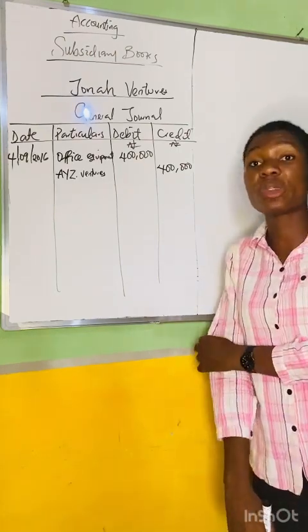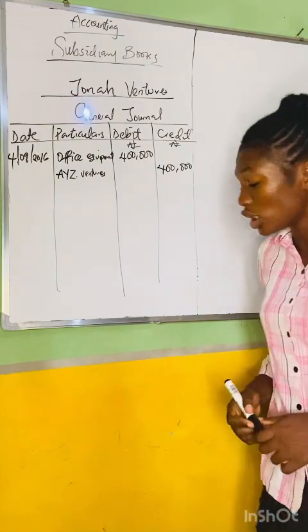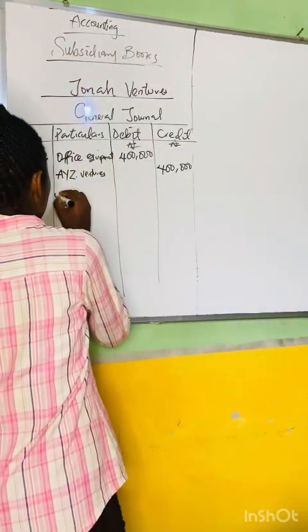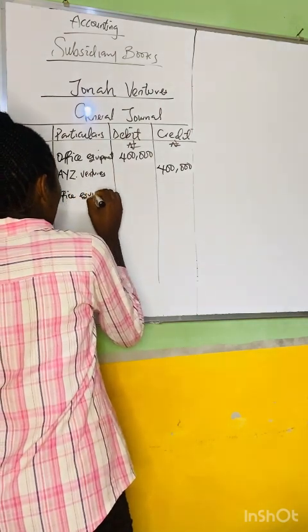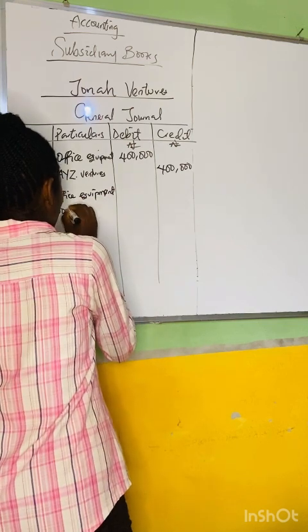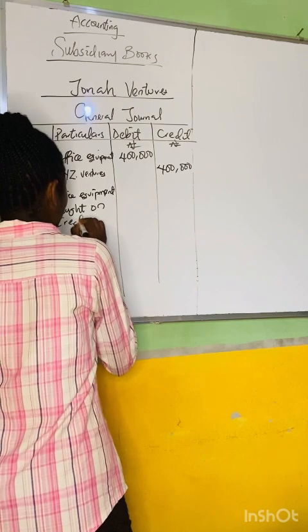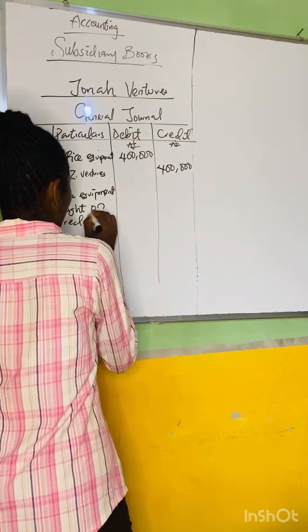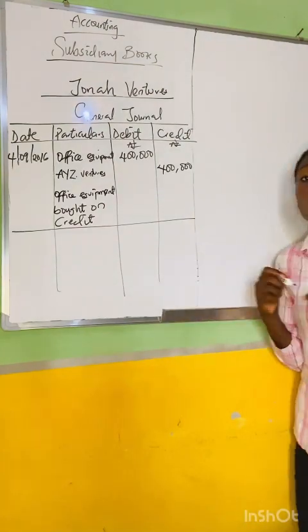So in this case, we'll be saying for assets that was bought on credit. Alright, so when we are through with this, we just rule a line across.